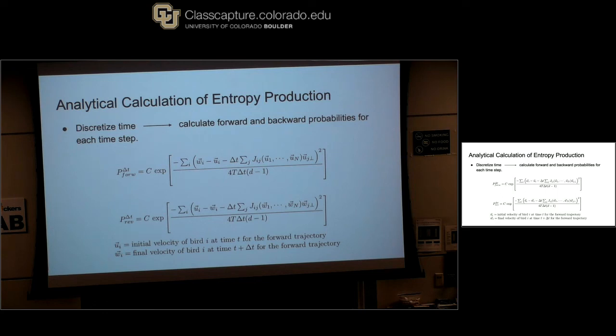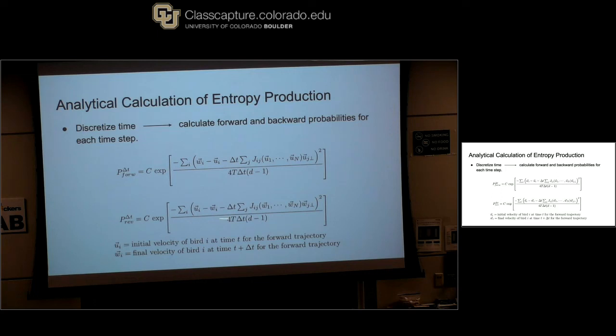We start from an initial state where the velocities of all the birds are given by u_i, and we go forward in time by one time step, and we end up in a state w. And this probability is just the probability of the noise that is required to get from u to w.